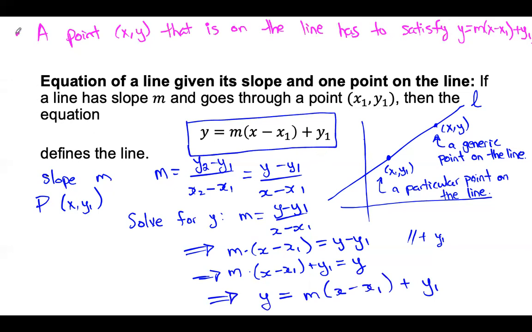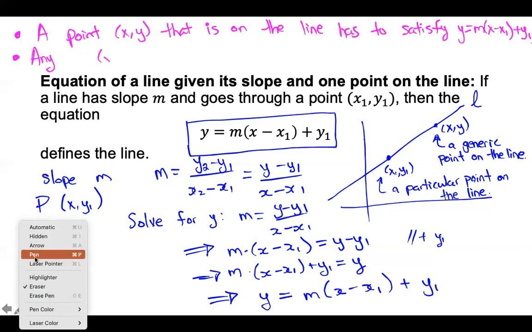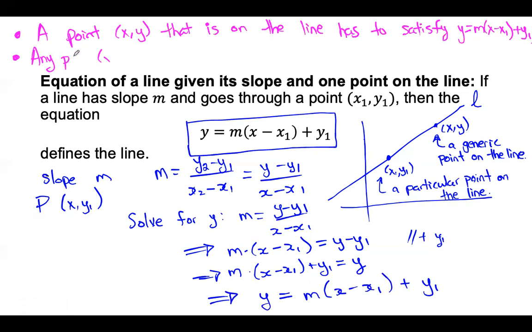So that's point 1. Point 2. Any point x, y that satisfies this equality will be on the line.